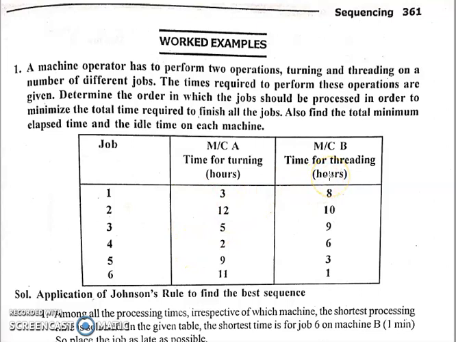Okay, this is clear. Then here we will apply some rule, that is Johnson's rule, to find out the best sequence. Here they have given the sequence, that is 1 2 3 4 5 6. This is not the final sequence. Here actually we needed to find in which sequence if we perform these particular jobs on this particular machine, so that we can complete all the jobs on each machine with the least possible time.